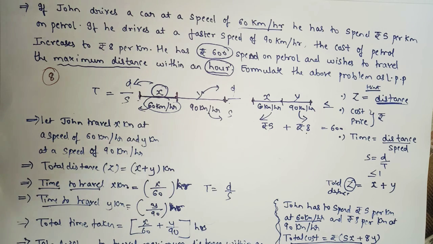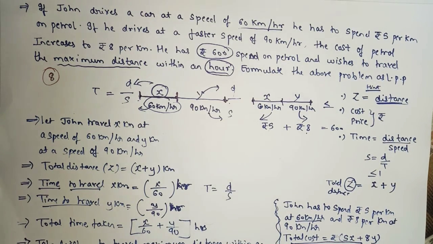Once again I will say, this chapter is divided into two types: type number one is based on the graphical method, and type number two is based on how to formulate LPP. Your first exercise is based on formulating LPP, and the second exercise is based on the graphical method.